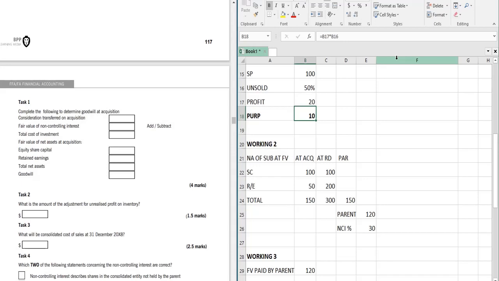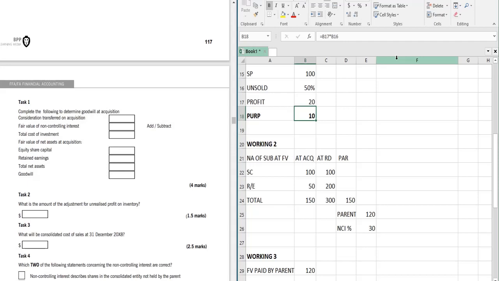What is the consolidated cost of sales at 31st December 20X8? Okay, for the consolidated cost of sales, we will add up both parent and subsidiary cost of sales. If it is a case of mid-year acquisition, we will only take the months having post acquisition period, only that portion of the cost of sales.